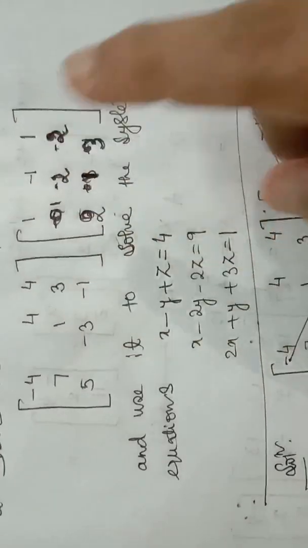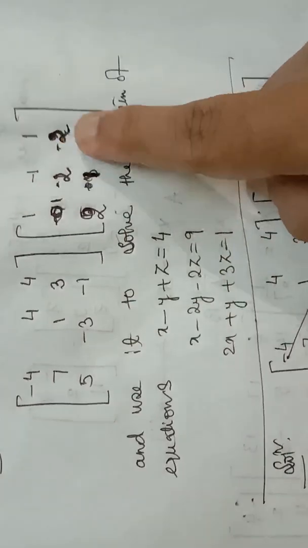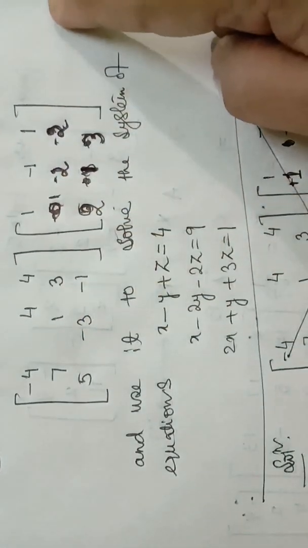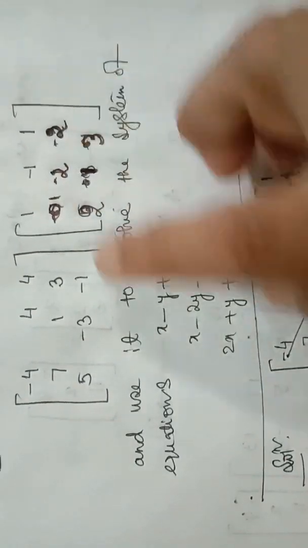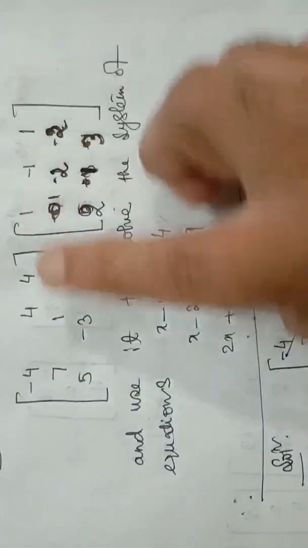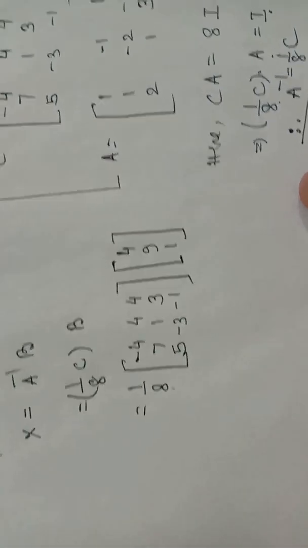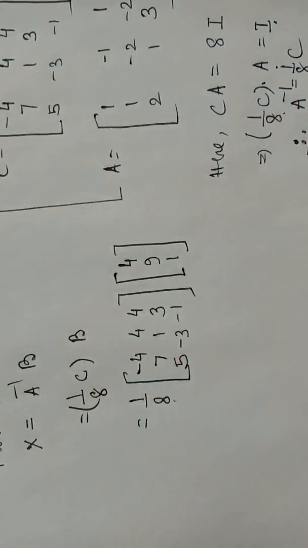Out of the given two matrices, one of them is the coefficient matrix. What we got was this into this equal to 8 into I. This is our A, we have brought 8 to that side. So 1 by 8 into this matrix into A equal to I. So this becomes our inverse of A, and using this we get x equal to 1 by 8 into C into B.